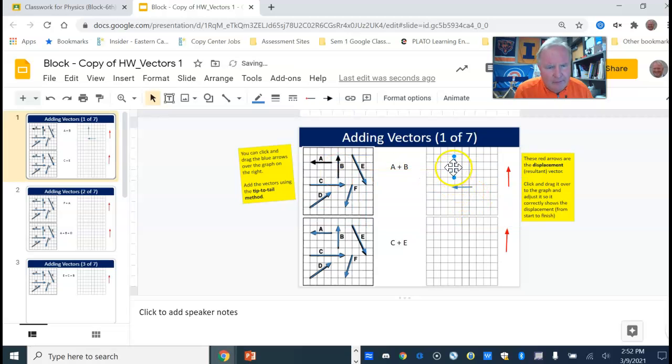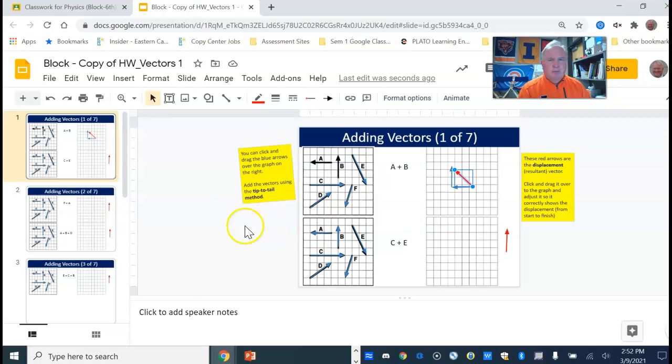So you can see that I'm doing tip to tail addition. Right, here's A plus B, and then we're dragging this red thing over. We're putting the tail on where we started. We'll grab this blue button and drag the red over there. So that's what it looks like. A plus B equals the red, and you'll do that for homework.